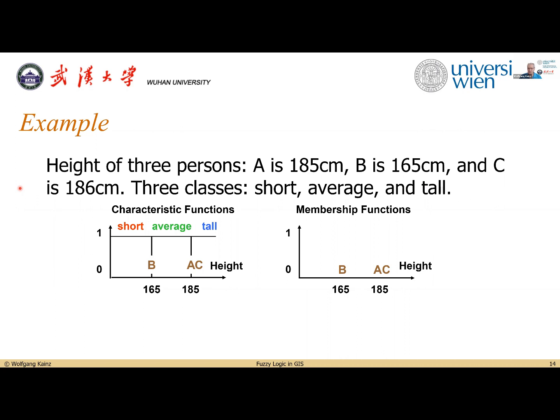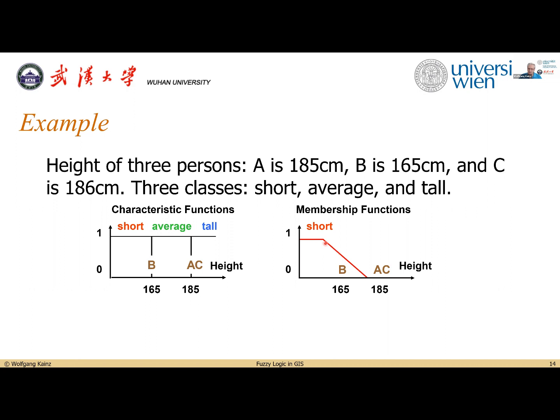So if we again have our 3 persons here, how could we define, for example, a membership function for short? Well, we could define it in such a way that we say, okay, it starts at 0 with, of course, nobody has a height of 0, but in terms of mathematical function definition, we say from 0 up to something like 140 or so, or 150, it's definitely 1, and then the membership degree decreases till 175, something like that, or 180.